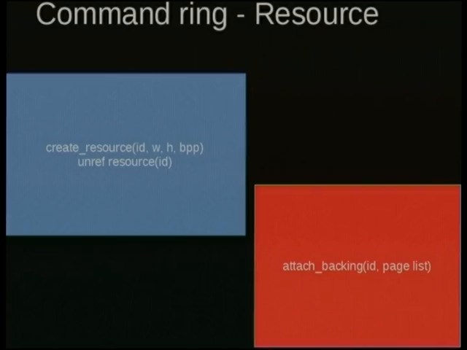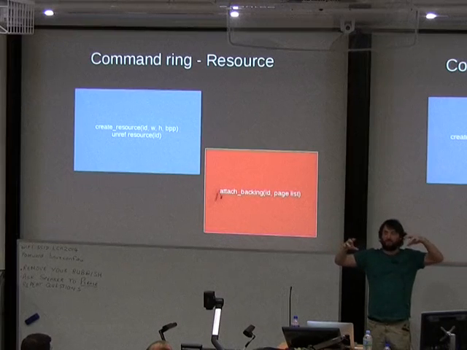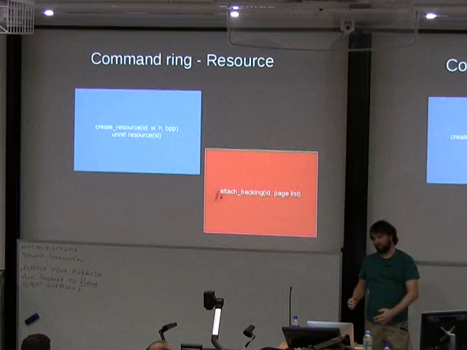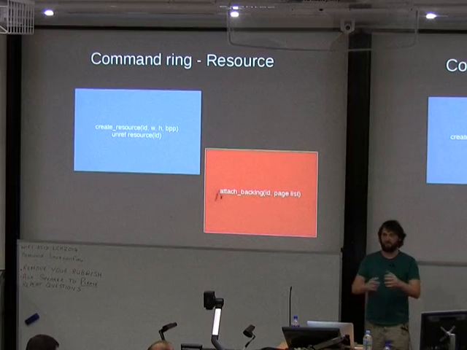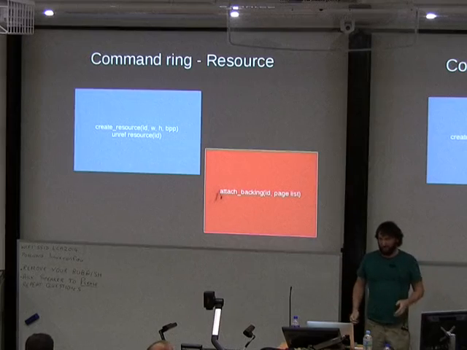Then the next bit about the resources, I have this attach backing. This is where it gets a bit complex. The way Virtio works, you do DMA transfers by having a ring with a set of descriptors which you can link to, but there's a limit on how big a number of descriptors can represent. Due to a number of other small problems, I discovered that if you've got a 1280 by 1024 screen at 32 bits per pixel, it's about 5 megs.